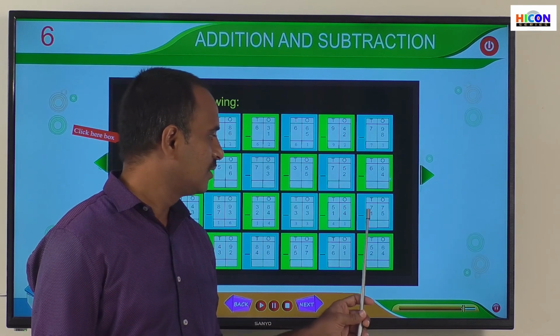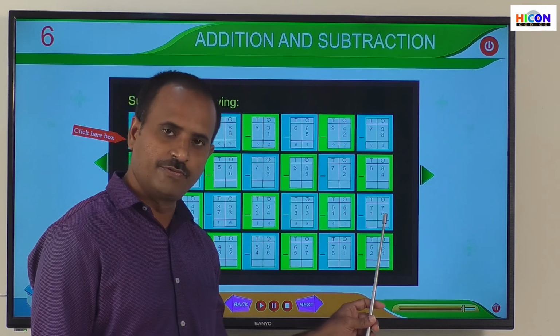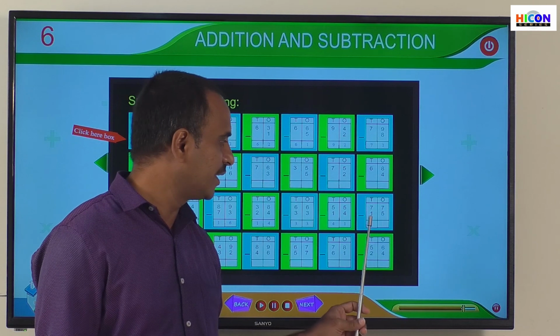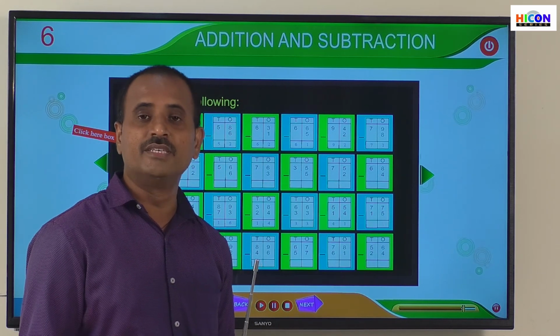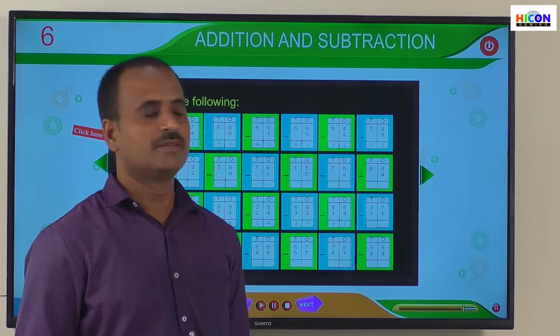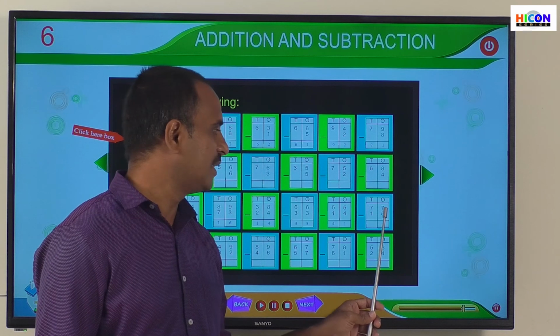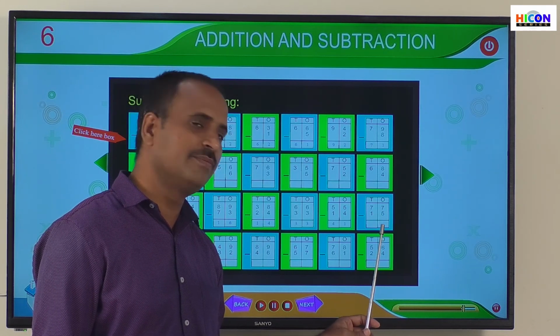So here also the first number is 77 and the second number is 15. Both are 2-digit numbers. So we have to subtract 15 from 77. So first to subtract the digits present in the ones place. So that means 7 minus 5. Open 7 fingers and close 5 fingers. The remaining fingers will be the answer.